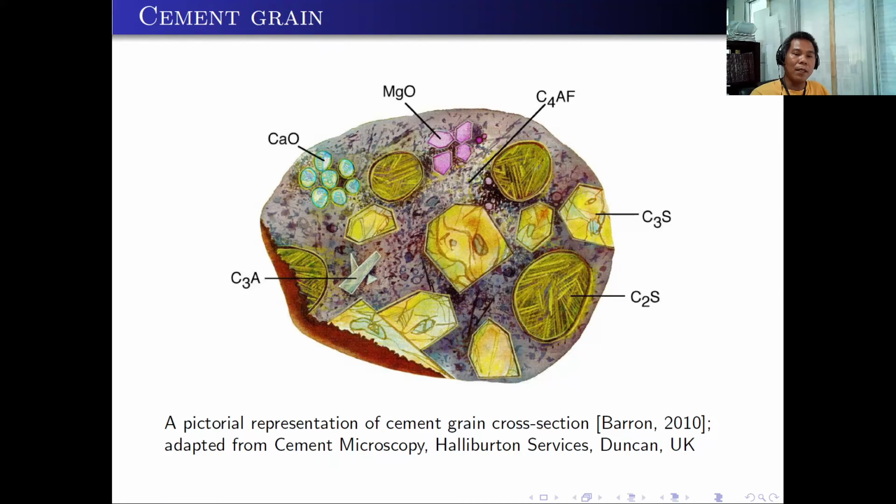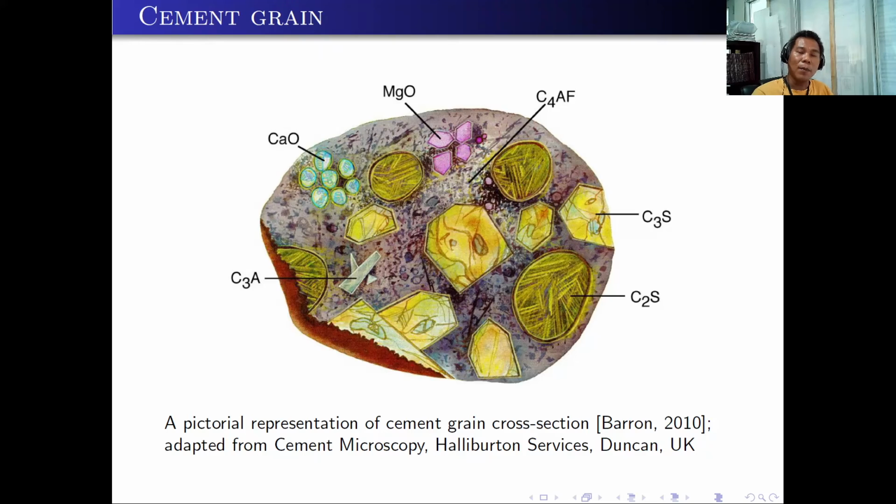To see the different elements of the cement grain, you can see this pictorial representation of the cement grain cross section. Normally, the cement grain is composed of these different compounds: the C3A, the tricalcium aluminate; the C3S, the tricalcium silicate; the C2S, the dicalcium silicate; CaO, the lime or calcium oxide; magnesium oxide; and the C4AF, the tetracalcium aluminoferrite.